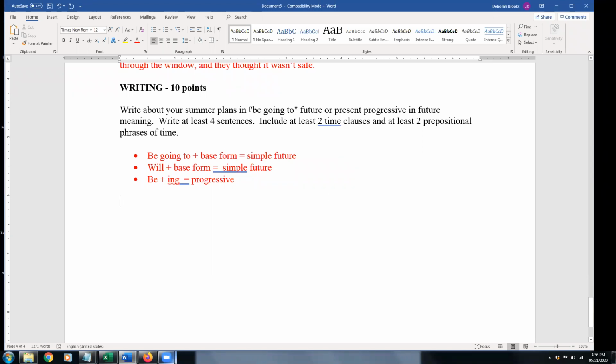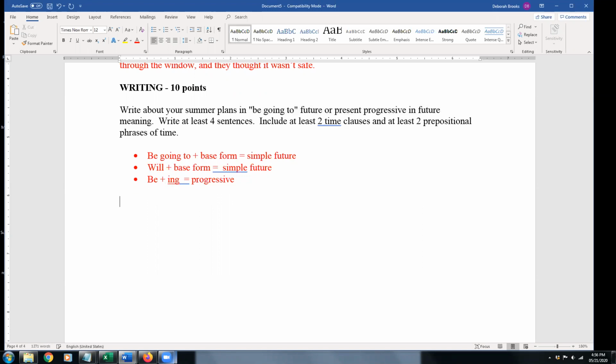Write about your summer plans in be going to future or present progressive and future meaning. So be going to future means the main verb is in base form. The will future main verb is in base form also, but I didn't ask for that. And then the progressive, the main verb is in ing.